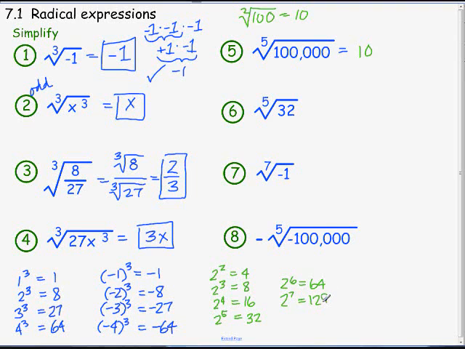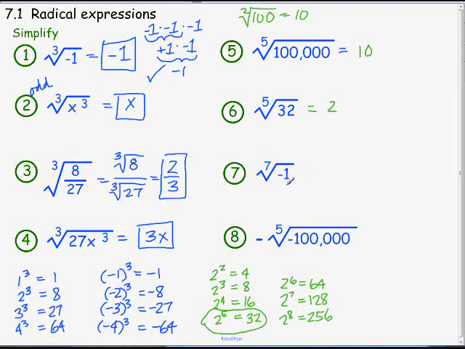It just keeps doubling. 2 to the 8th power, and so on. So 32 is a perfect fifth root because of this. Let's see, we can say this is going to be 2.